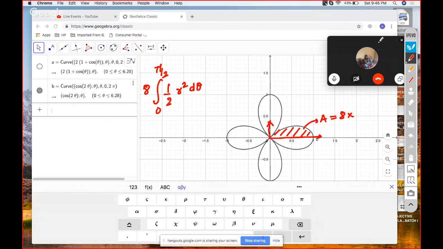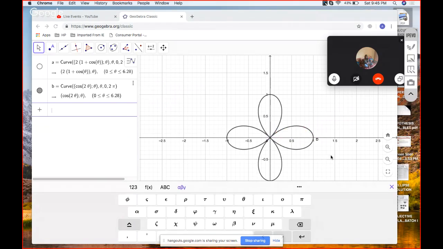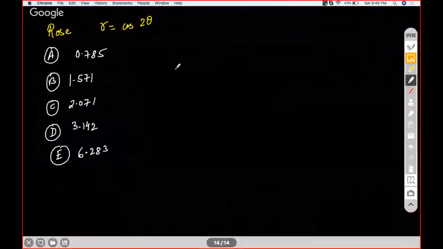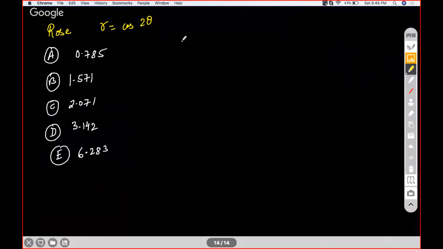Is that clear, Aditya? Okay, so let's go back. It would be half r square d theta from 0 to pi by 2, 8 times. I don't think you'll need a calculator to evaluate it, but of course you'll need a calculator to calculate the values.